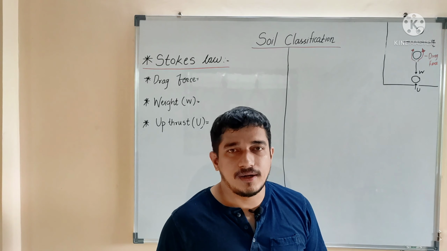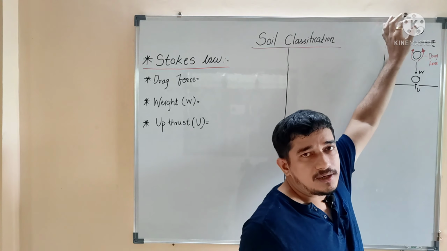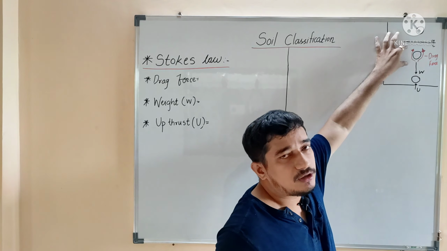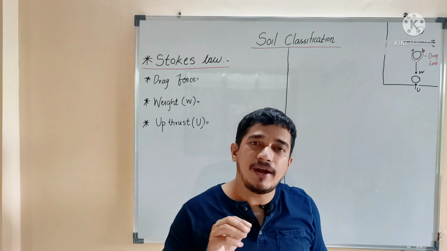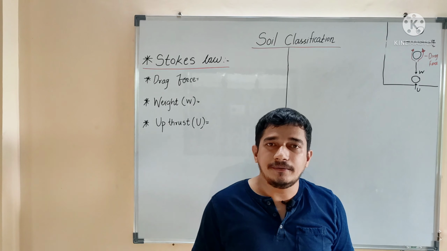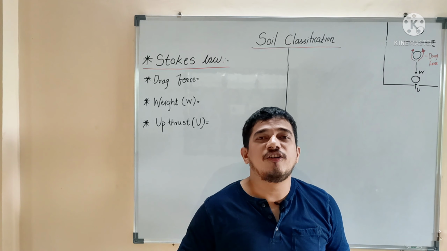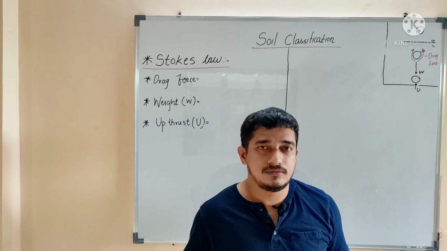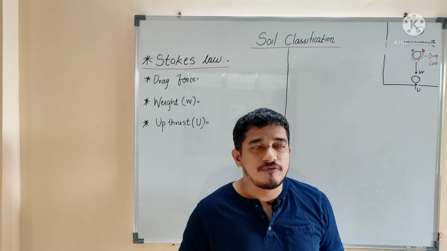The Stokes law states that when a spherical particle settles in water or a fluid of infinite extent, when we say infinite extent, it means its width is infinite and its depth is also infinite.